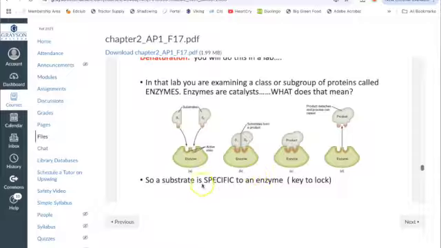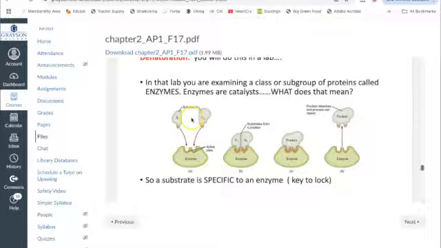Here we are looking at a substrate. A substrate is a reactant. Remember, we talked about reactant, and then reaction, and then the product. A substrate is a reactant in an enzymatic reaction.